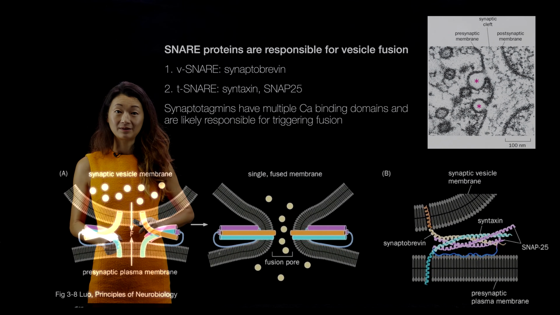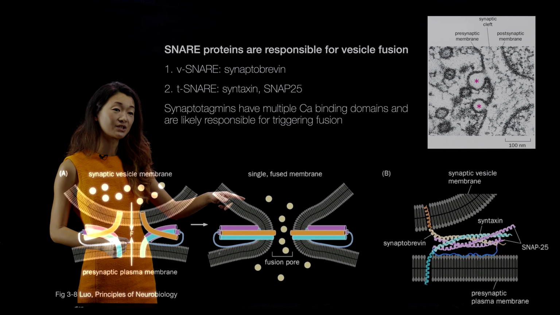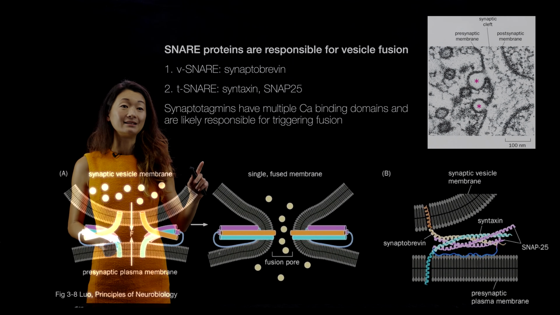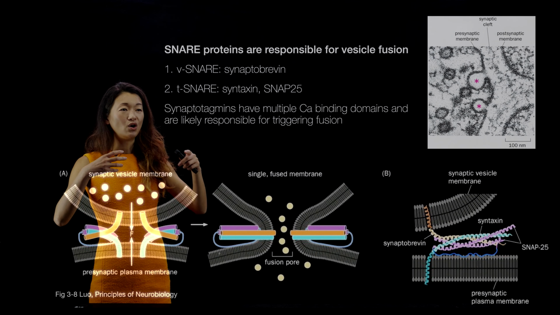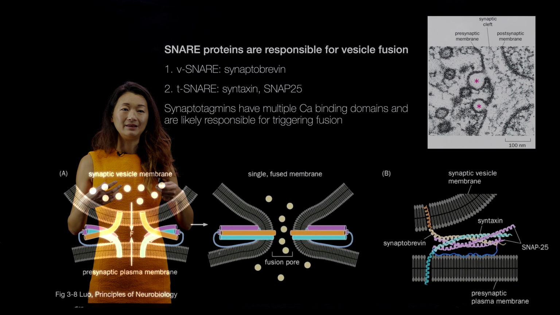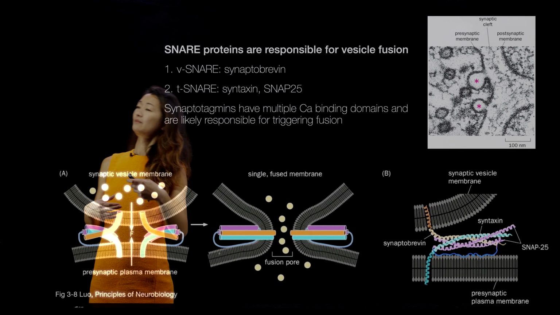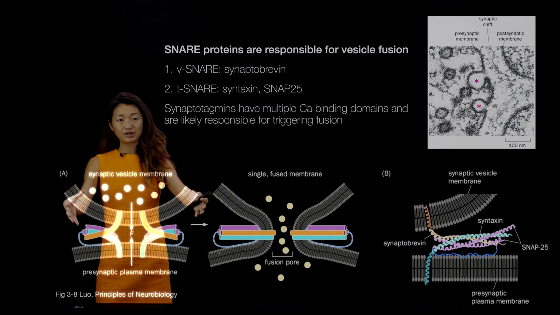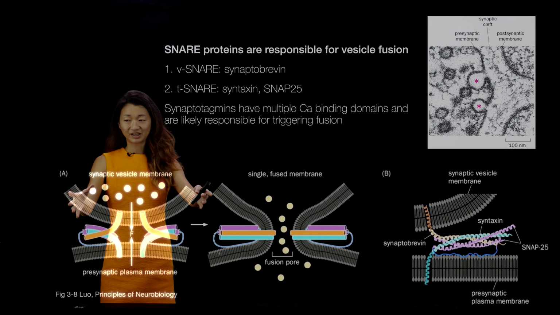So this is how calcium signals vesicle fusion. These proteins have domains that bind to calcium, and that's why they're holding ready there. When there's no calcium in the presynaptic terminal, there are a bunch of vesicles that are called docked, because they're kind of like boats at a dock.